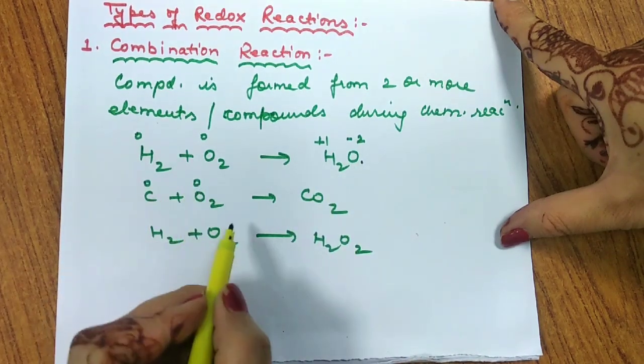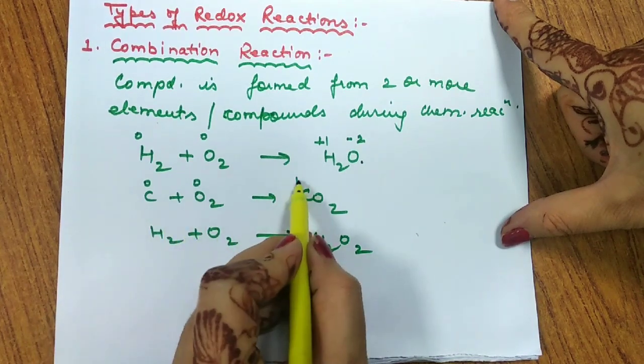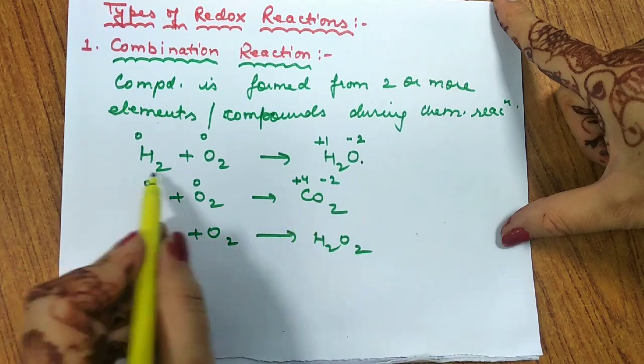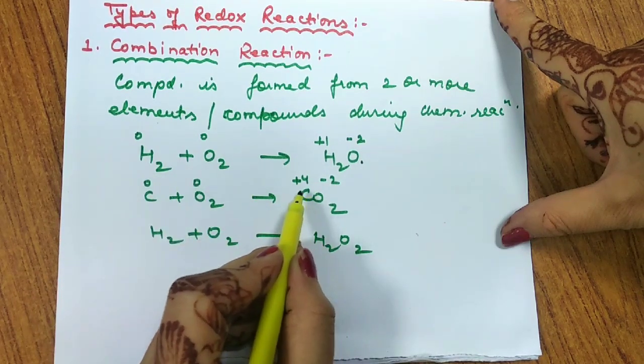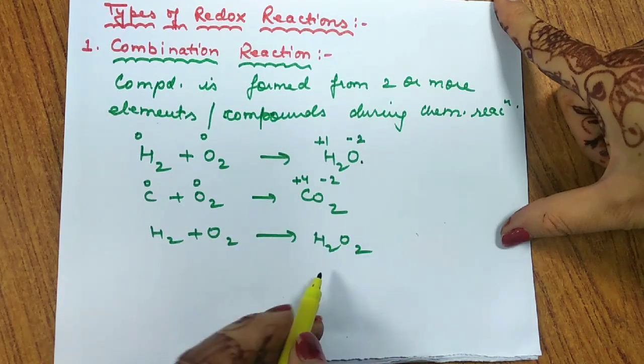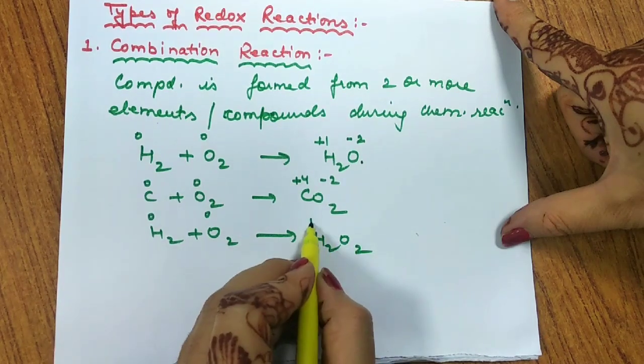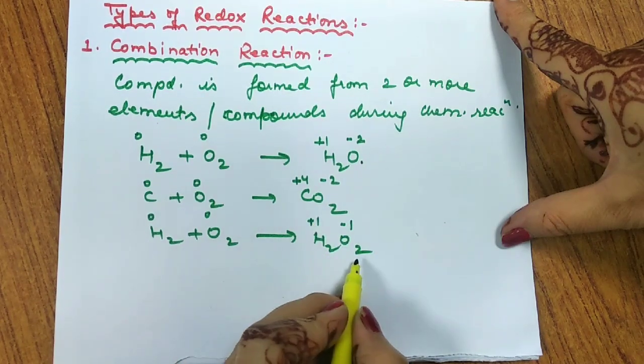Similarly, carbon is 0, oxygen is 0, as we have discussed, the oxidation number in elemental state is 0. Carbon here is +4, oxygen is -2. So carbon shows oxidation going from 0 to +4. Oxygen shows reduction going from 0 to -2. Similarly, in the case of hydrogen and oxygen, this is a peroxide. Hydrogen would be +1, but oxygen will become -1.